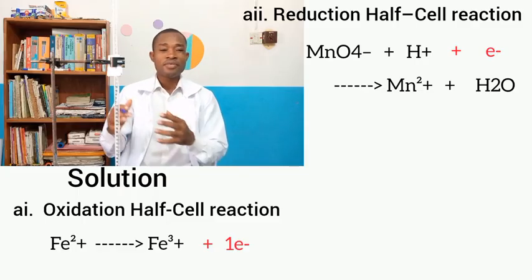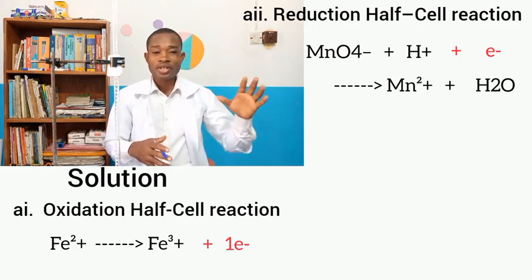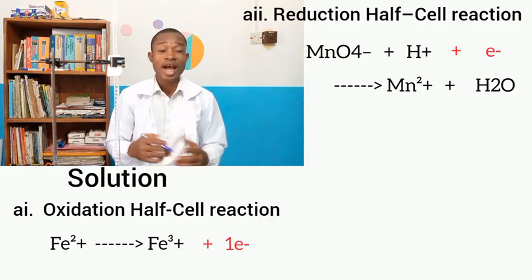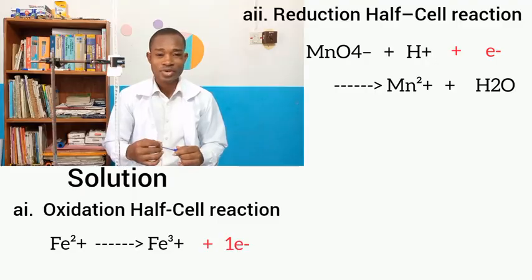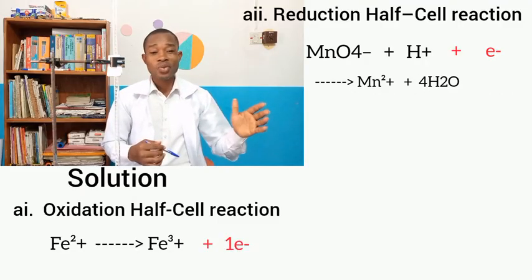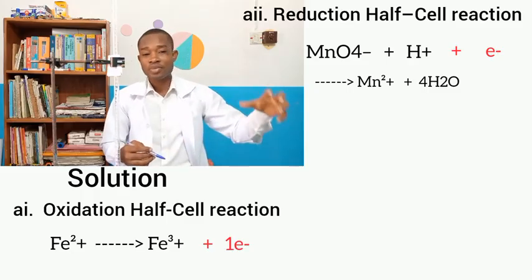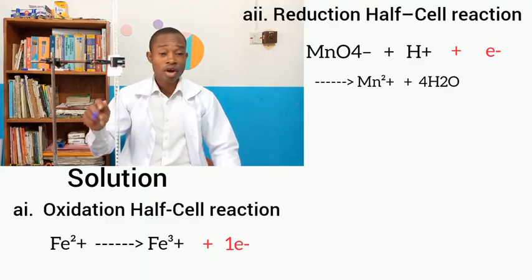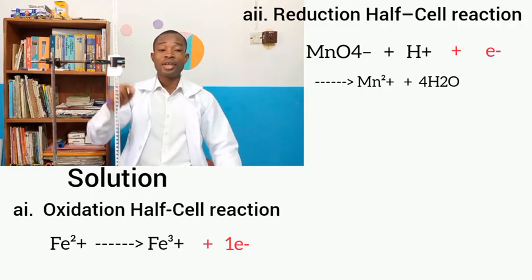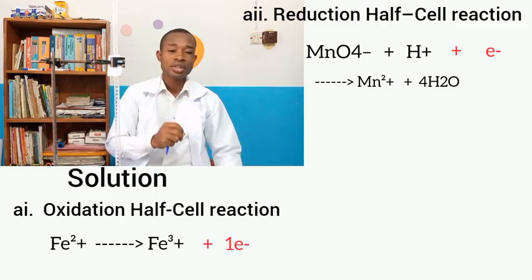Now you notice that in the reactant side we have 4 oxygens, and so in the product side we are expected to have 4 oxygens. And how do we achieve that? The water molecule, we attach 4 molecules to it. And if you attach 4 molecules to the water molecule in the product, you observe that the oxygen in the product will now become 4 atoms, which is the same as the 4 atoms of oxygen in the reactant in MnO4 minus. Then what about hydrogen?